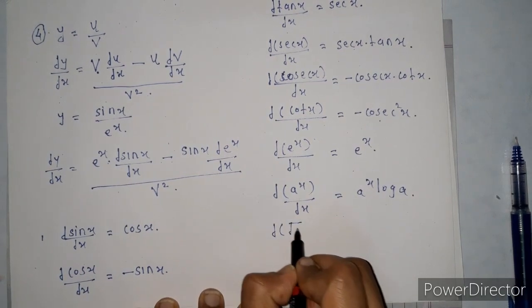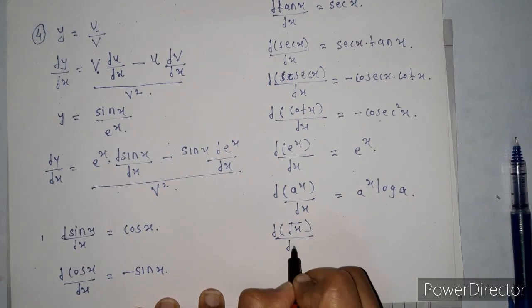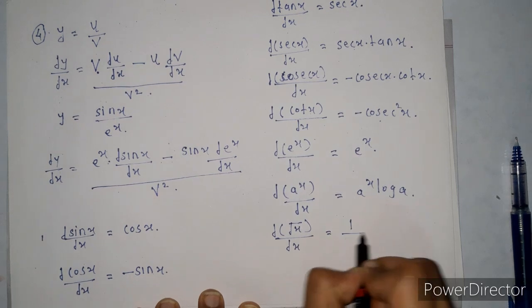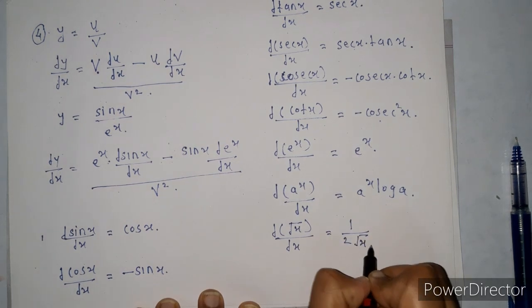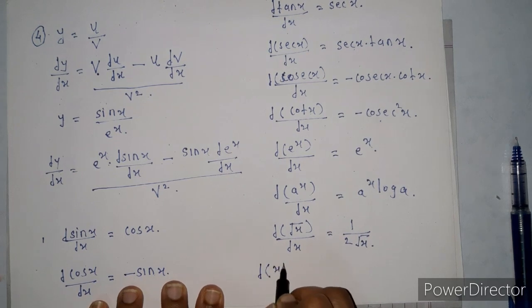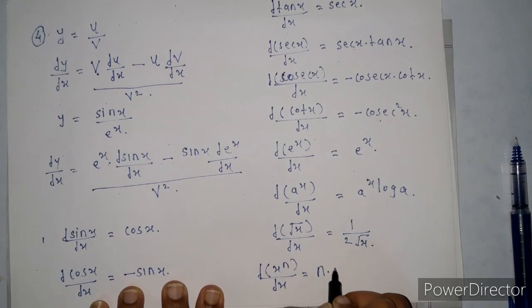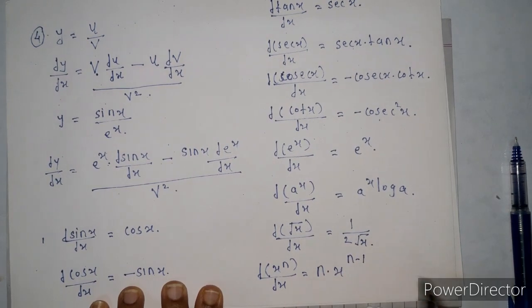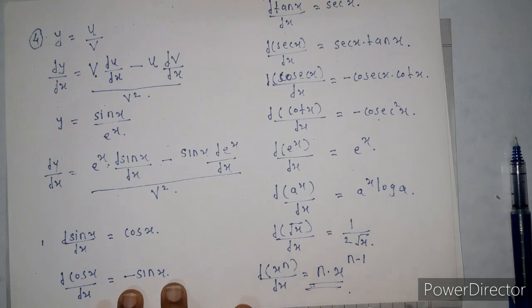Differentiation of root x with respect to dx equal to 1 upon 2 root x. And differentiation of x raised to n with respect to dx equal to n into x raised to n minus 1. This formula is very important.